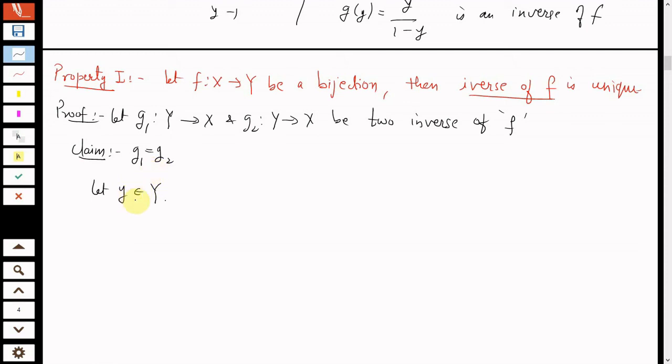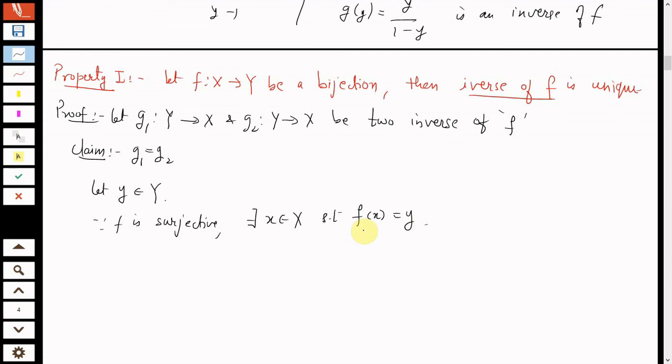Now since y belongs to Y and f from X to Y is a bijection, f is a surjective map, and therefore surjectivity assures that there is a point in X which acts as the pre-image of this y. So since f is surjective, there exists x in X such that f of x is equal to y.